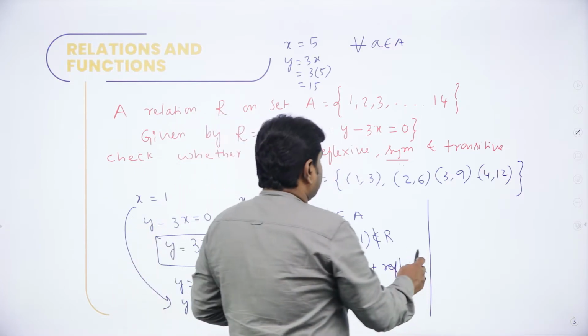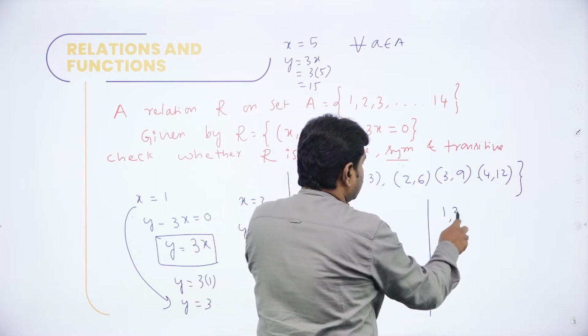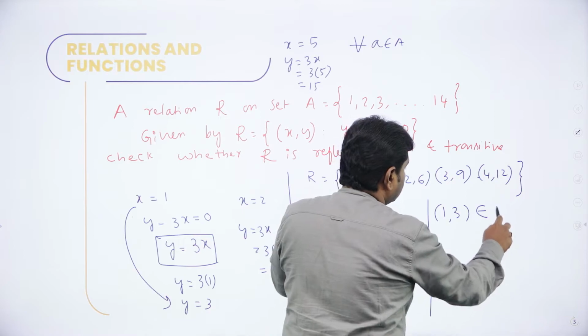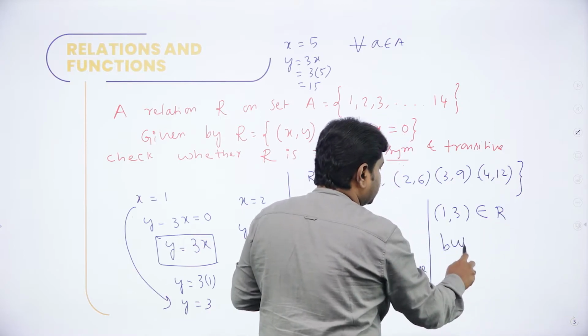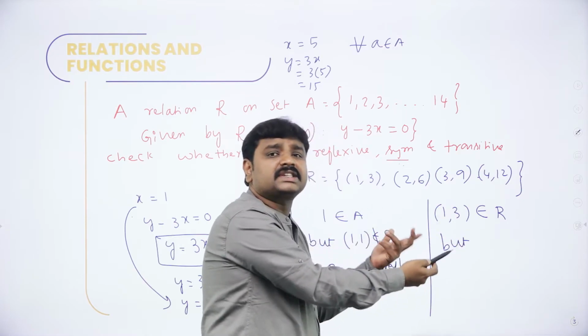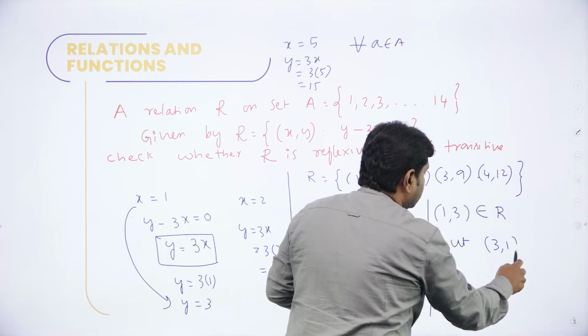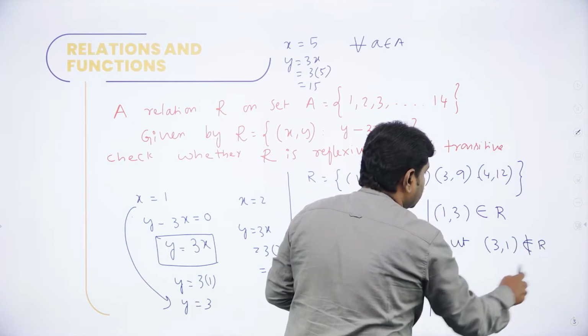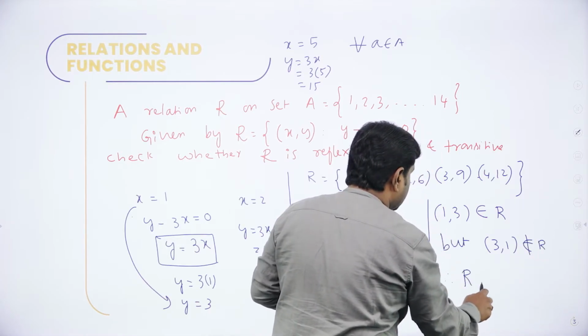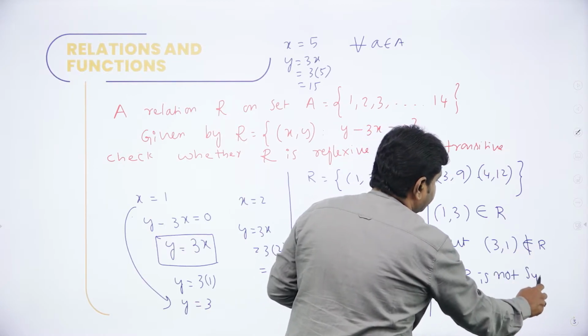Now symmetric. 1 comma 3 is present in R, you can see 1 comma 3 belongs to R. Do you agree? But what is the reverse of it? The reverse, 3 1. 1 is related to 3, but 3 is not related to 1. 3 comma 1 does not belong to R. Therefore, R is not symmetric.